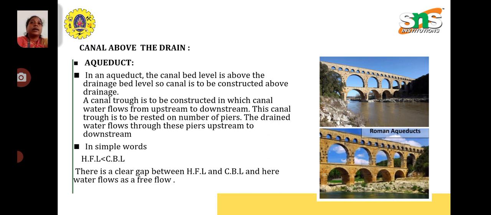It is a structure in which the canal flows over the drainage, and the flow of the drainage below is open channel flow, that is the natural drainage.